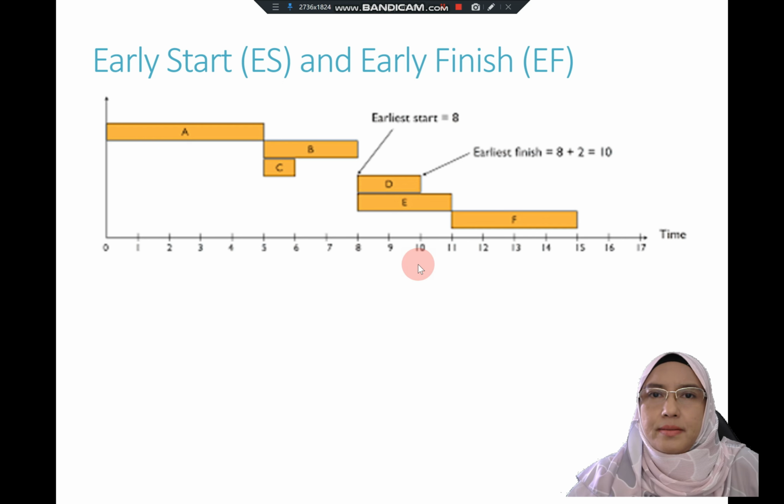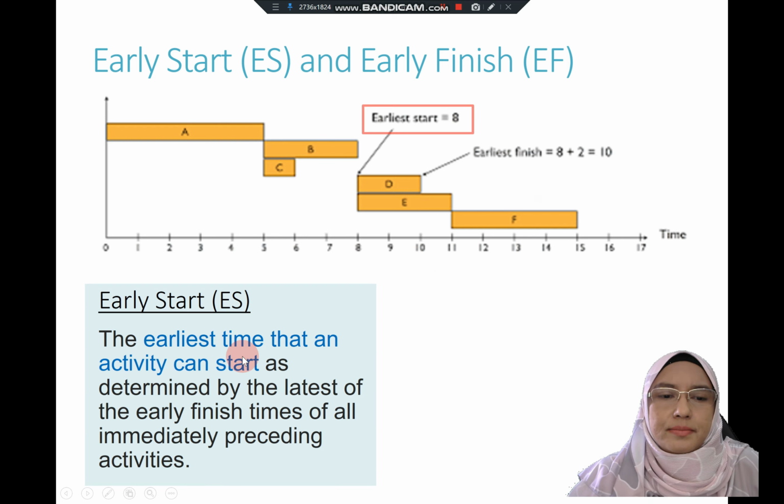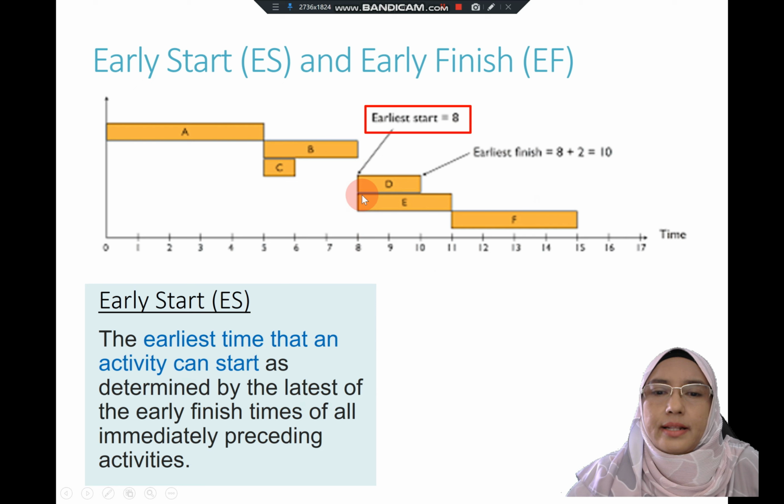This is a simple Gantt chart consisting of activities A, B, C, D, E, and F. Early start means the earliest time that an activity can start, determined by the latest of the early finish times of all immediately preceding activities. So the early start of activity D depends on activity B completing. Once activity B completes at week 8, activity D can start as early as week 8.